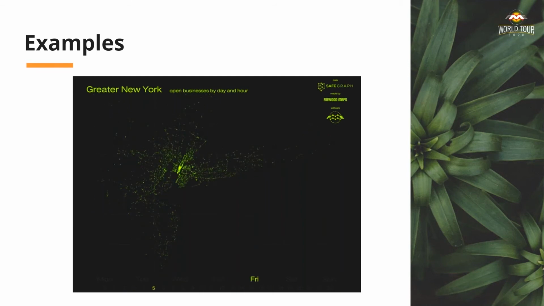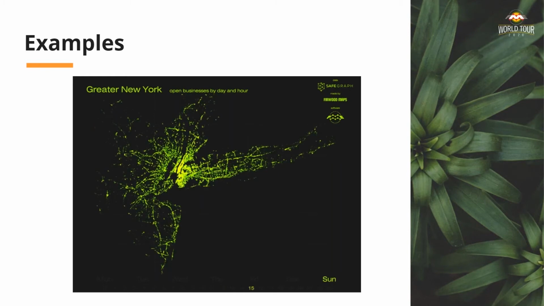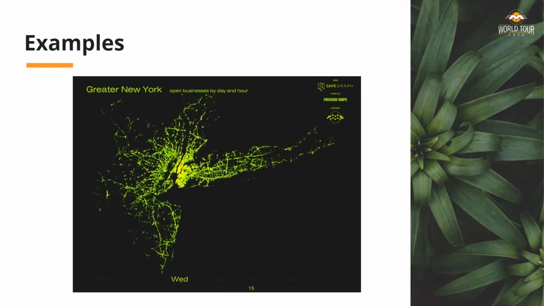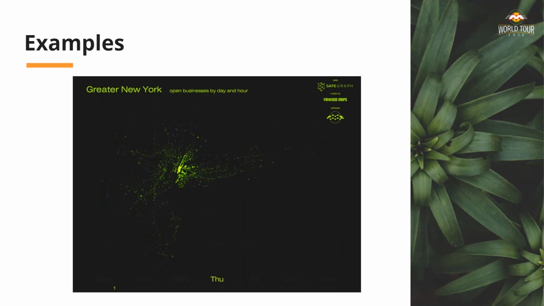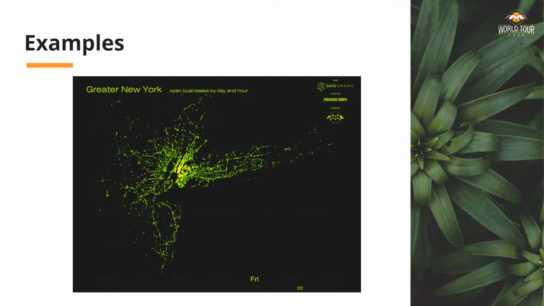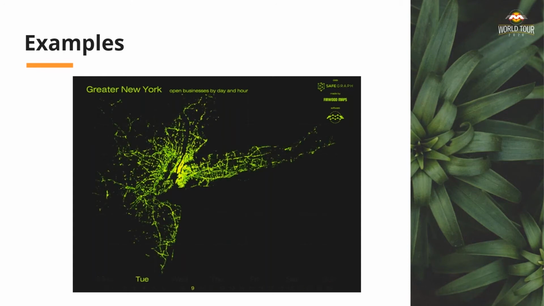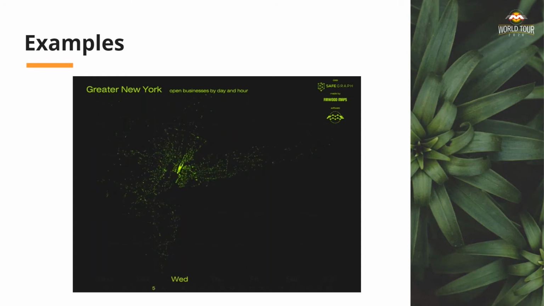So we have a point layer, points representing businesses in the Greater New York area, and we visualize them by each hour of the day or week that they are open. It's a super simple exercise. It's not that simple, but the message is simple. The map is simple. We have one title, a bit of a heat map effect, and just the images in the upper corner, and the map says it all.